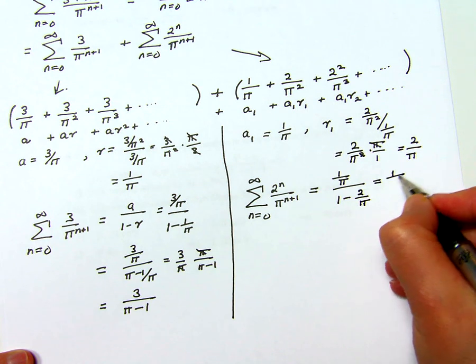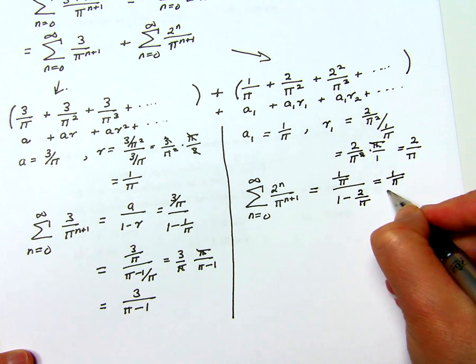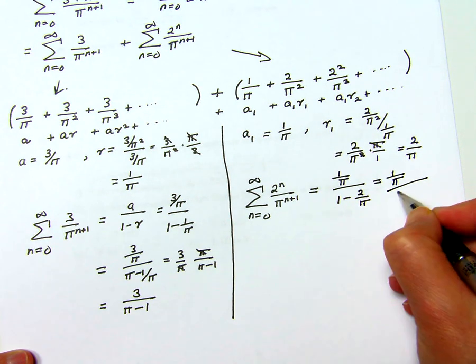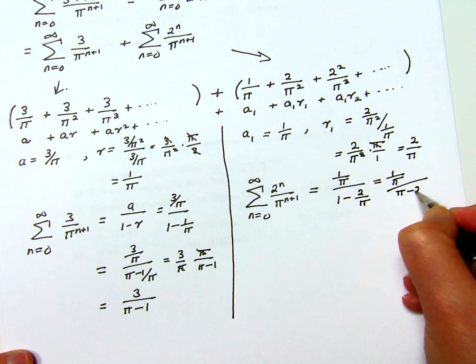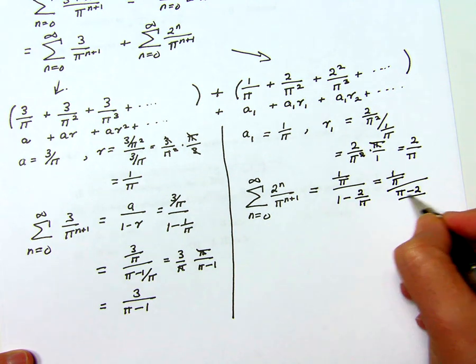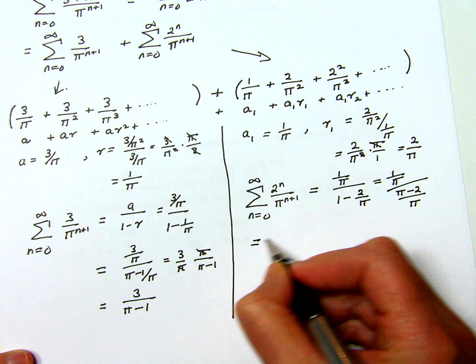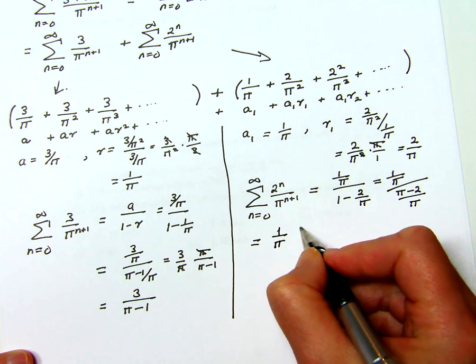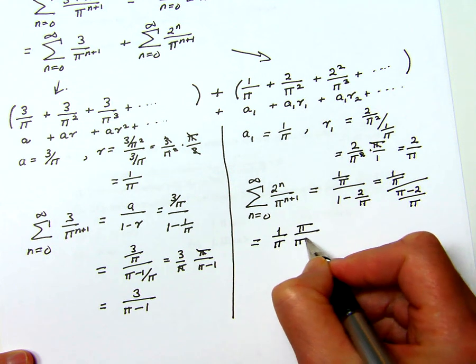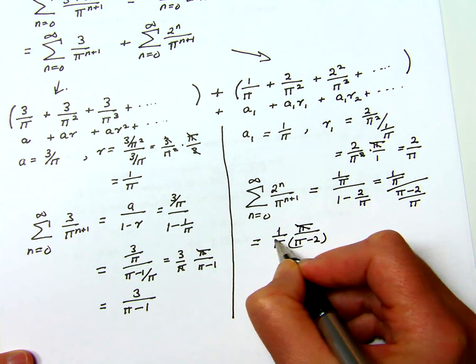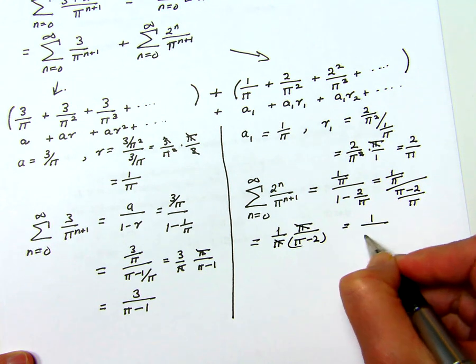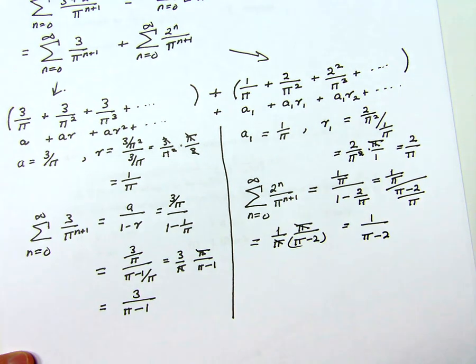And that's equal to 1 over pi, over pi, which is 1, minus, so it's pi minus 2 over pi. And this is equal to 1 over pi times pi over pi minus 2.